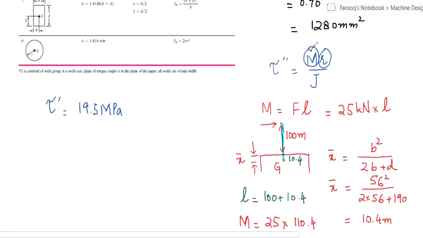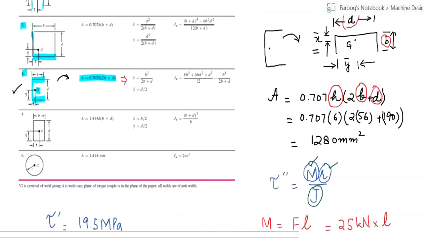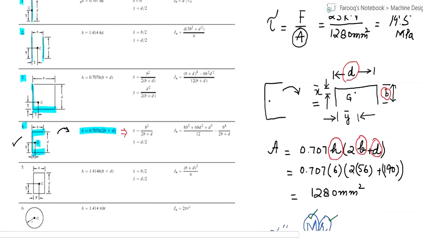So now we have computed the value for M, for R, and lastly we need to find the value for J. Now J is equal to 0.707 HJU, and to calculate the value of JU we will once again need the help of table 9-1, and we can see in table 9-1 that the formula for JU is provided to us, and we can use this formula to compute the value of JU.